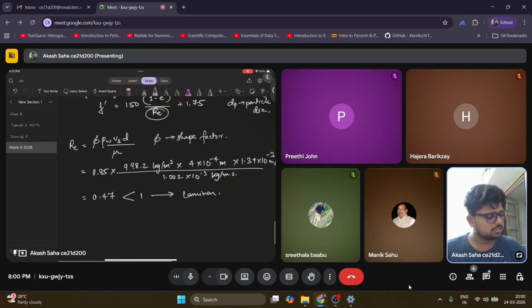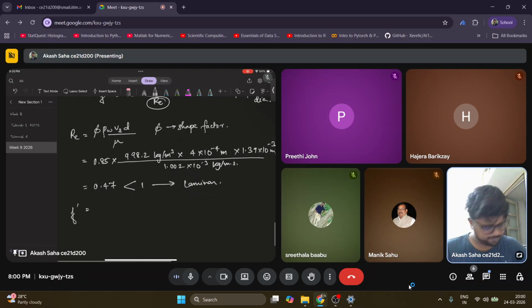So my friction factor F will be equal to 150 into 1 minus 0.4, that is the porosity, divided by the Reynolds number, plus 1.75. So 193.24.